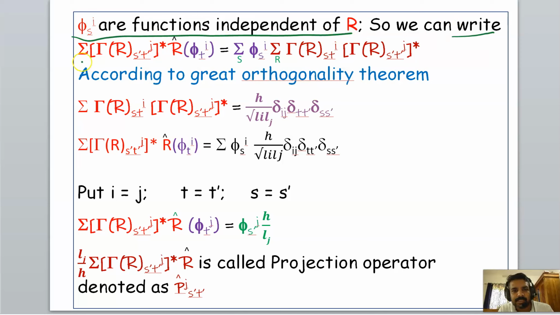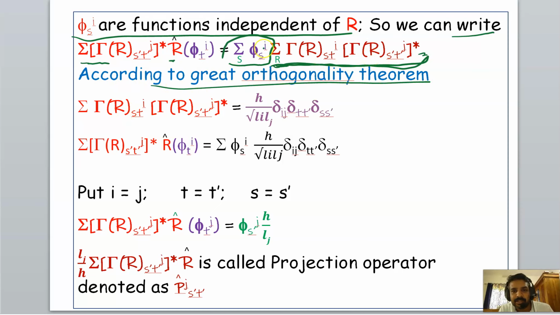So sigma gamma r s dash t dash j star r cap phi t i is equal to sigma s phi s i taken separately, then sigma r gamma r s t i gamma r s dash t dash j star. This is from the great orthogonality theorem. This is the left side of our great orthogonality theorem.